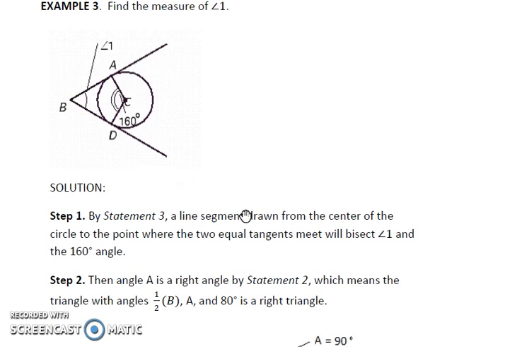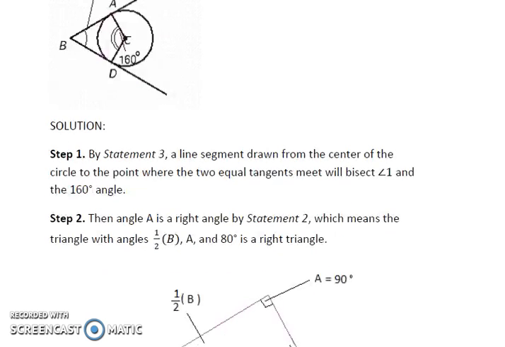Step 1. By statement 3, if we drew a line from the center of the circle to this point where these tangent lines meet, then we'd be dividing this angle 1 in half. It also bisects the angle here. It bisects this angle here of 160, so we divide it in half to get 80 degrees on each side.